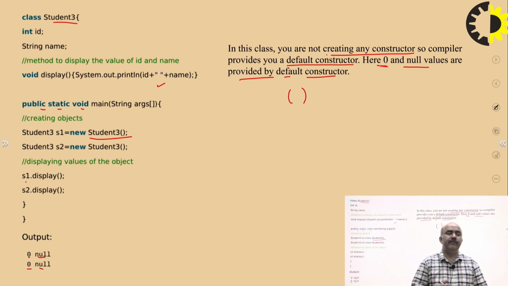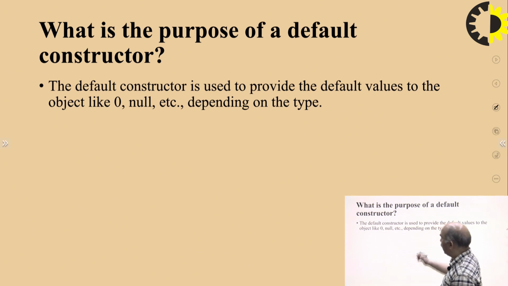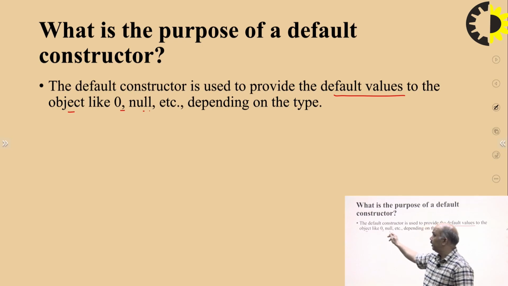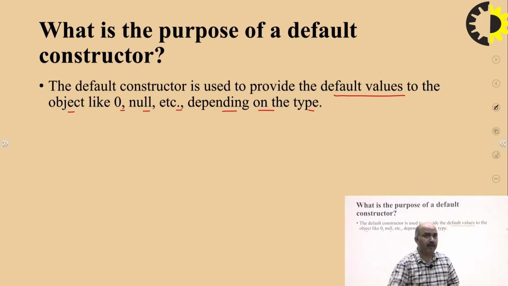If we define the constructor, then we can print whatever values we want whenever the constructor is called while creating an instance or object. If you don't create any constructor, the Java compiler by default provides the values, depending upon the type. So the default constructor is used to provide default values to the objects, like 0, null, etc., depending upon the type of the objects.